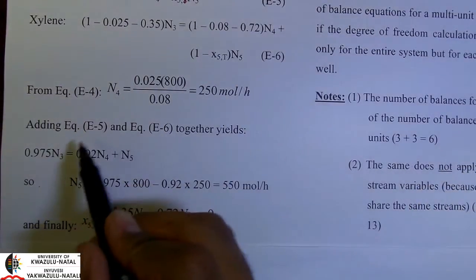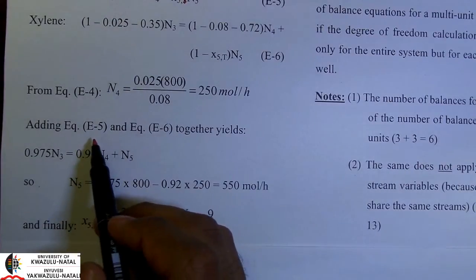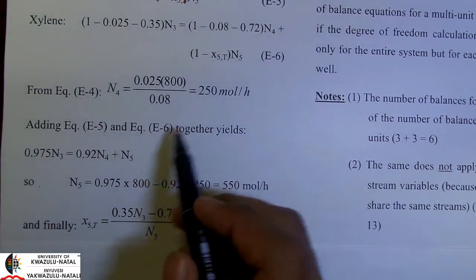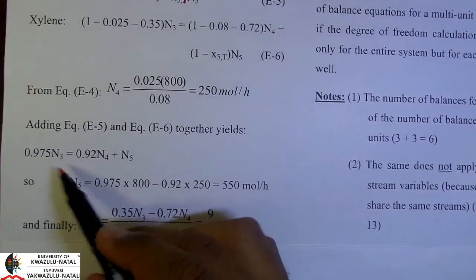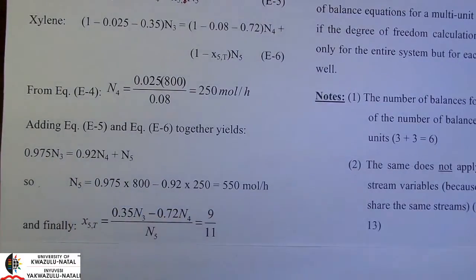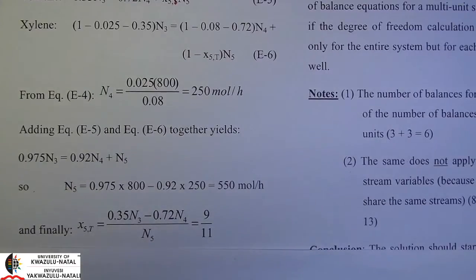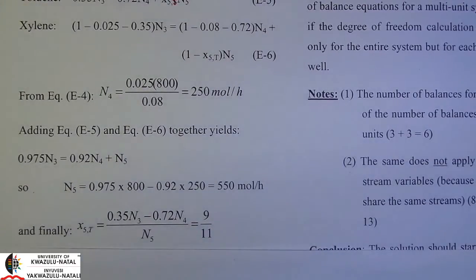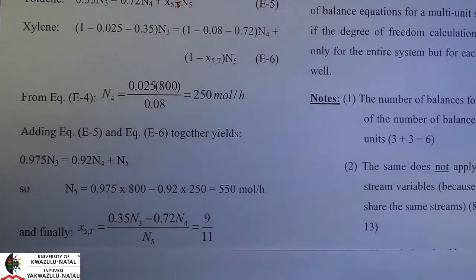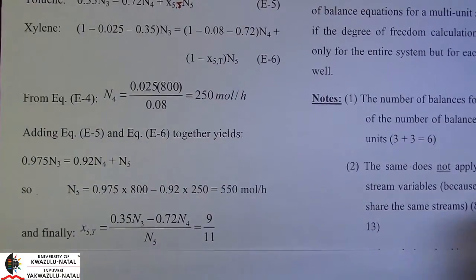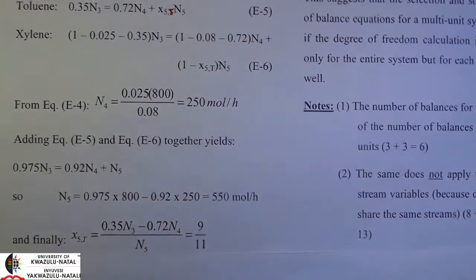Okay, we can add our balance for toluene and our balance for xylene together, combine our equations and solve. Okay, that is just simple applied mathematics, first year level, even high school level. And finally we obtain our N5 and X5T.